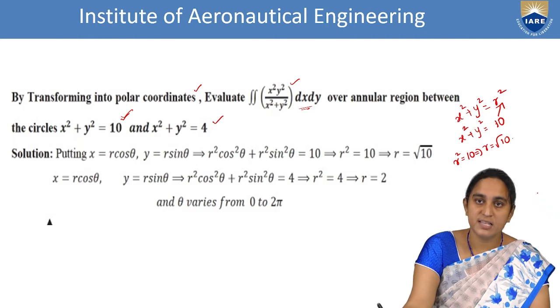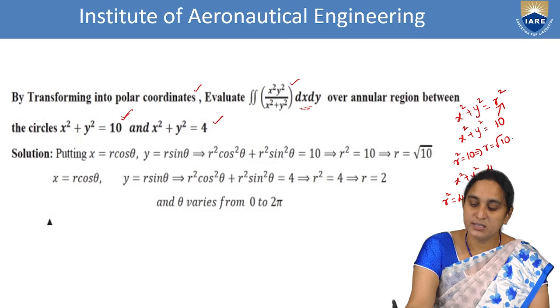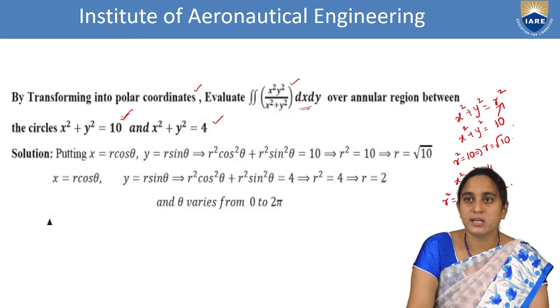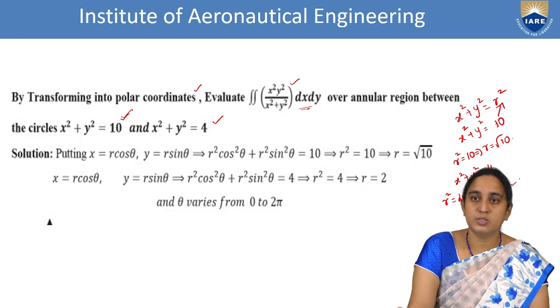From the second circle, x square plus y square is equal to 4, r square is equal to 4. From that, r is equal to how much? 2. These are the radii for the two circles: root 10 for one circle and 2 for the other.